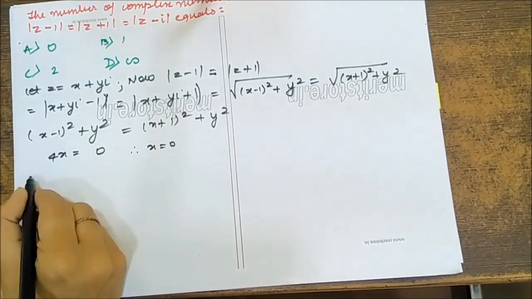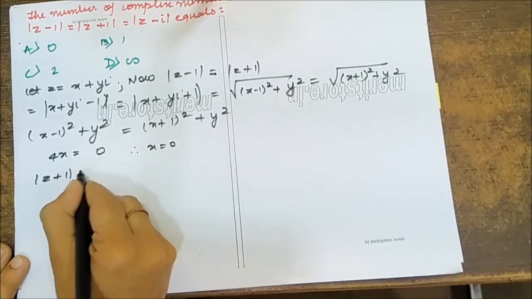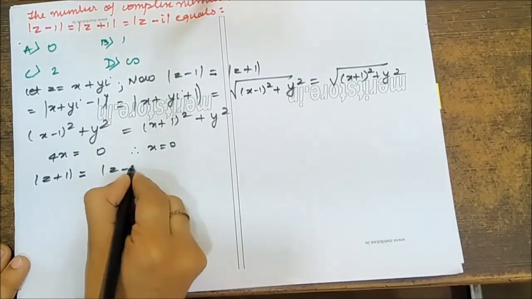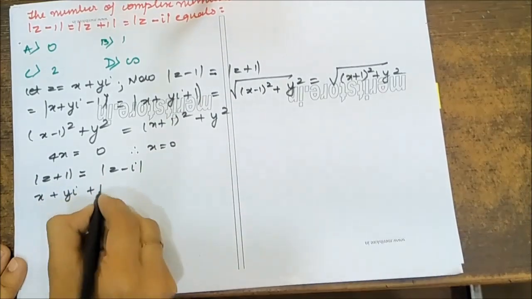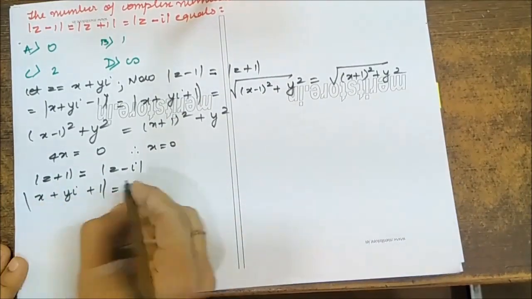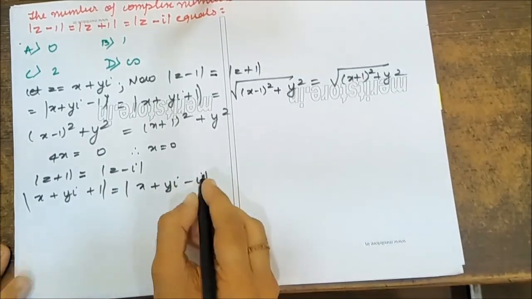Simplifying the equation, we get 4x is equal to 0, therefore x is equal to 0. On the other side, modulus of z plus 1 is equal to modulus of z minus i. So x plus yi plus 1 is equal to x plus yi minus i.